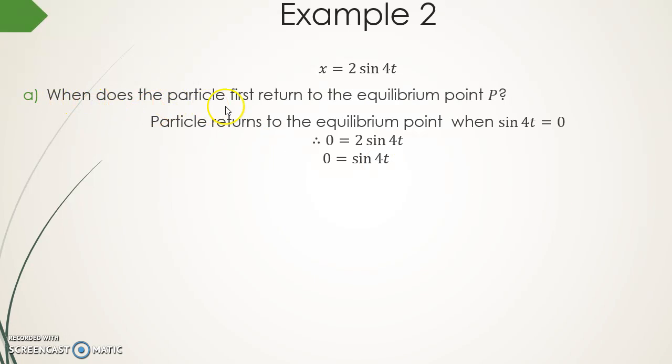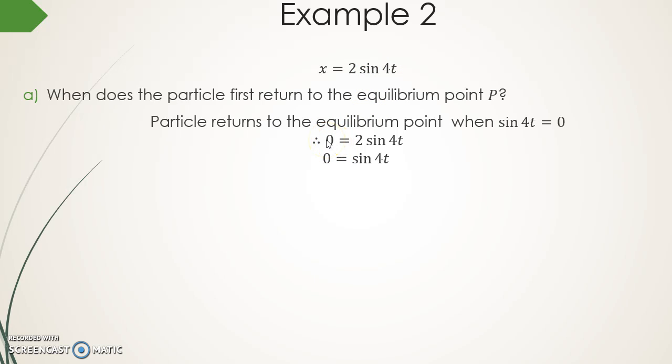So part A asks when does the particle first return to the equilibrium point. When the particle's at the equilibrium point, displacement is 0. So we put 2 sine 4t equal to 0, because that's when its displacement is 0.